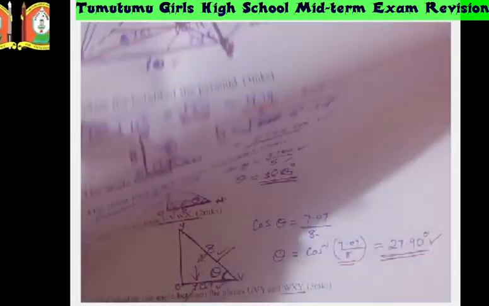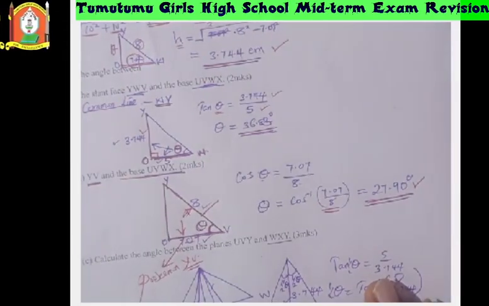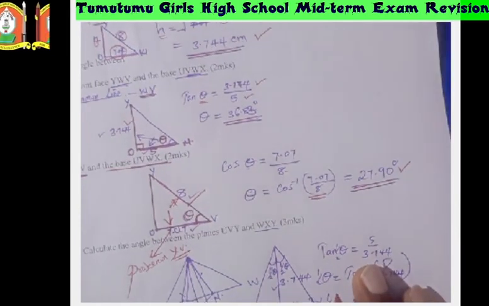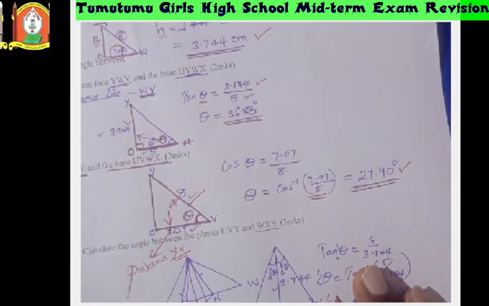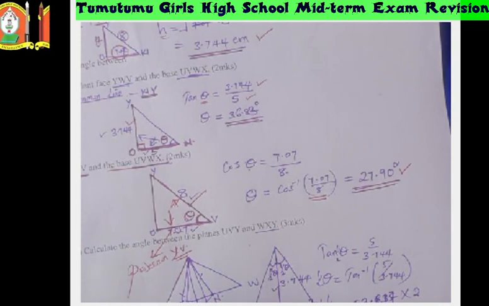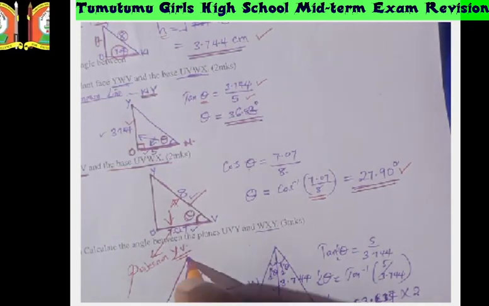And our last question in question 2, part C, calculate the angle between the planes UVY and WXY. These are the slanting faces, opposite slanting faces.